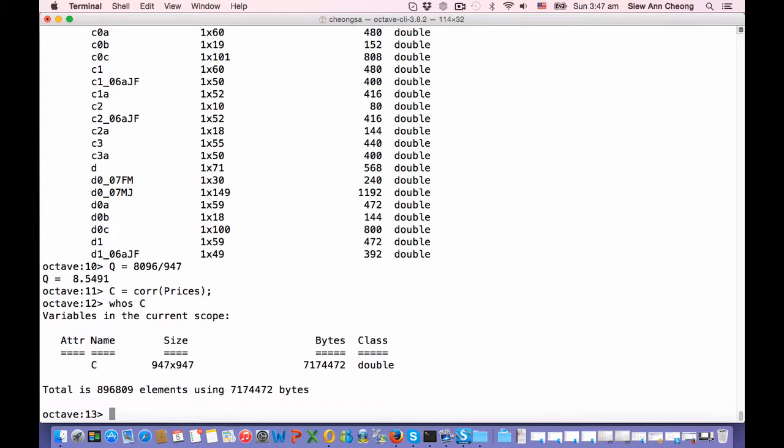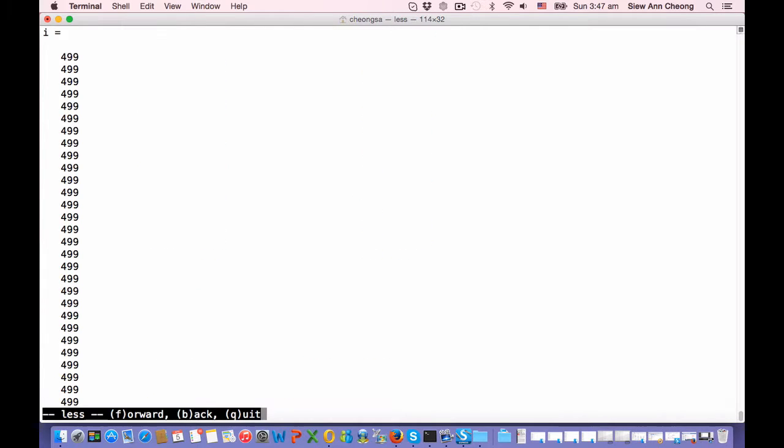Now I've done this example before, so I know that there is some problem with this correlation matrix. There are some matrix elements that are not a number. So let me first find what these are, using this particular function here. Find isnan C, and it will tell me that row number 499 will give problems.